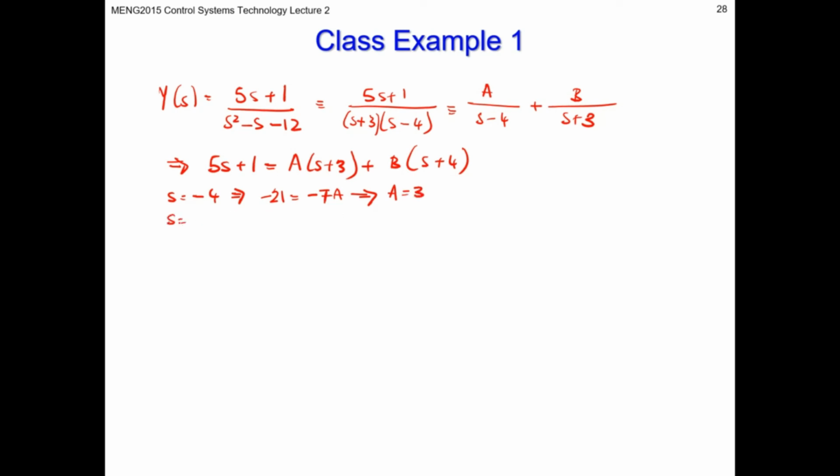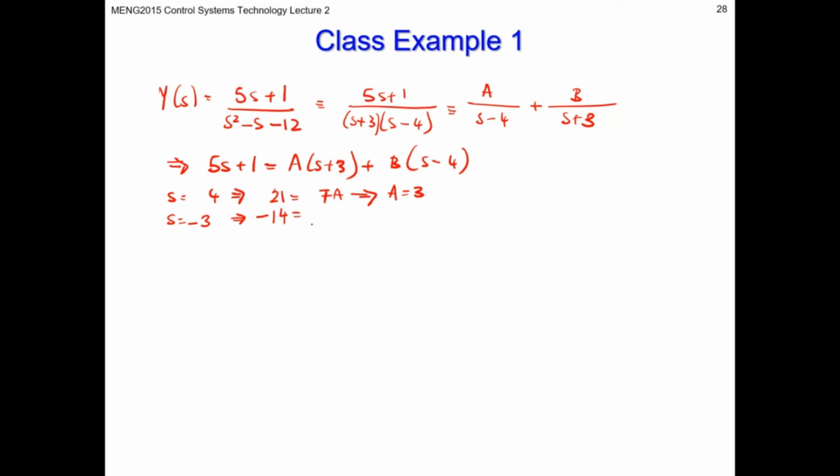And if we set s equals, oops, it should be minus 3. 5 times minus 3 is minus 15, plus 1 is minus 14.